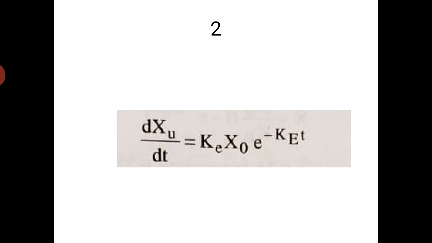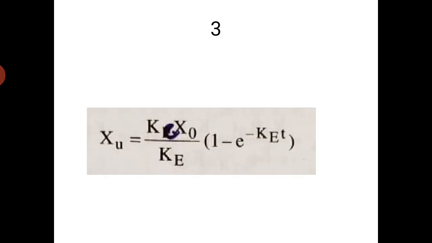You will get dXu by dt is equal to ke X0 e raised to minus ket. Now you integrate this equation, you will get Xu is equal to ke X0 divided by ke into 1 minus e raised to minus ket. So this is the integrated equation.